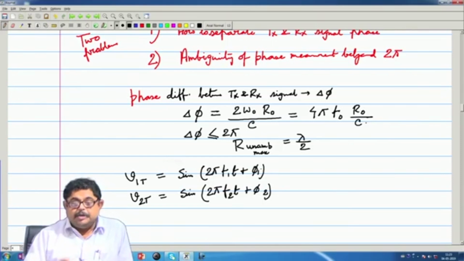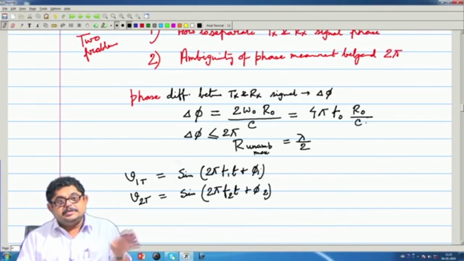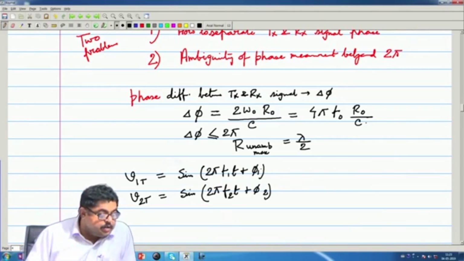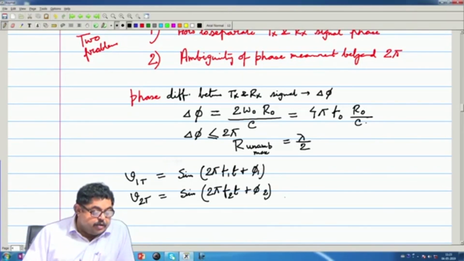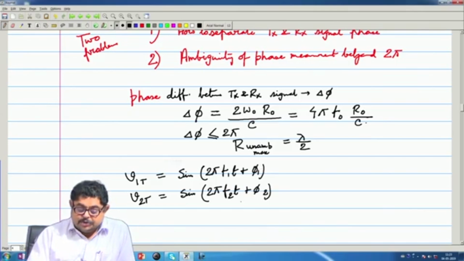Now, please remember that in the basic principles we have derived an expression for a CW radar for a moving target.